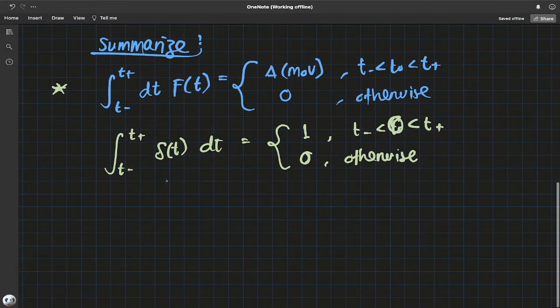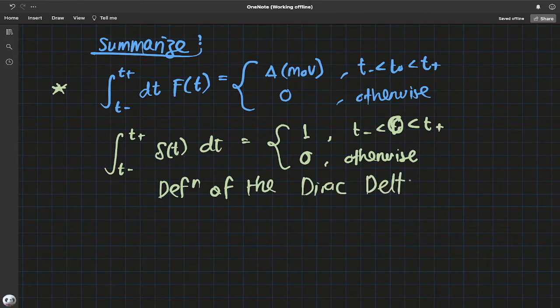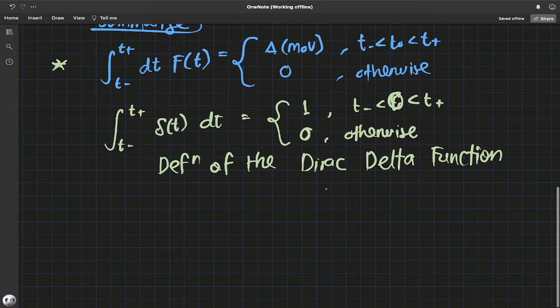And this is the definition of the Dirac Delta function. It's not actually a function, it's actually a distribution. I will discuss a little more about this in a few minutes. So this is the definition of the Dirac Delta function, and we can represent the force by just a Dirac delta.